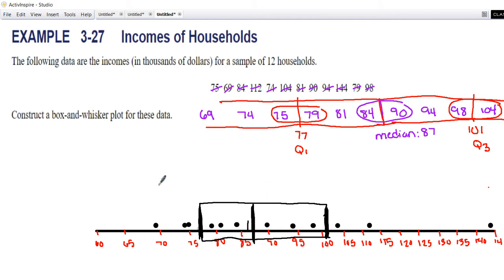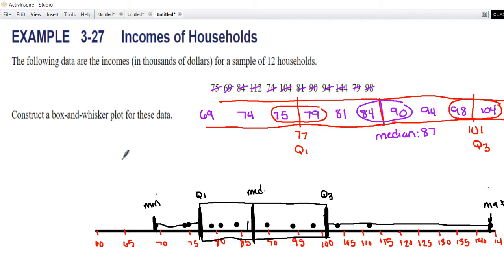And then I'm going to take a line from my box, and go to my lowest value. I'm going to make another line, and go to my highest value. So this is what my box plot looks like. These tick marks here, this is your tick mark for quartile 1, this is your median, and this is quartile 3. This is your minimum observation, and this is your maximum observation.